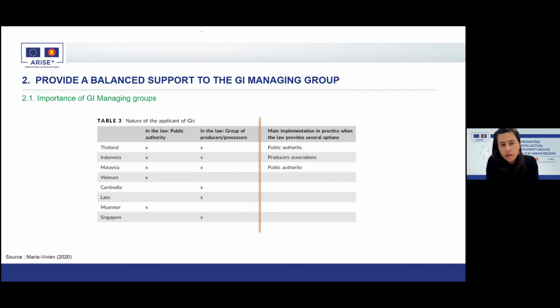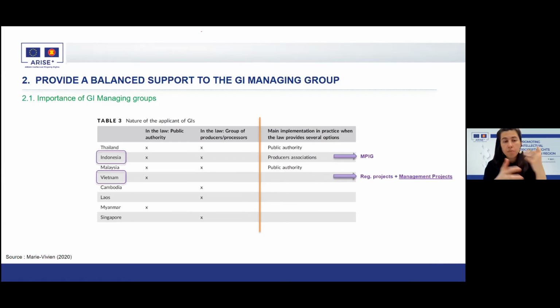It's a more complex situation because it depends, and it is possible for some countries that a public authority will be the applicant, so it will register a name without any GI managing group or any group of producers at the stage of the registration. This is what is written in the law, but how is it implemented in practice? And we can imagine that it would create a very contrasted situation.